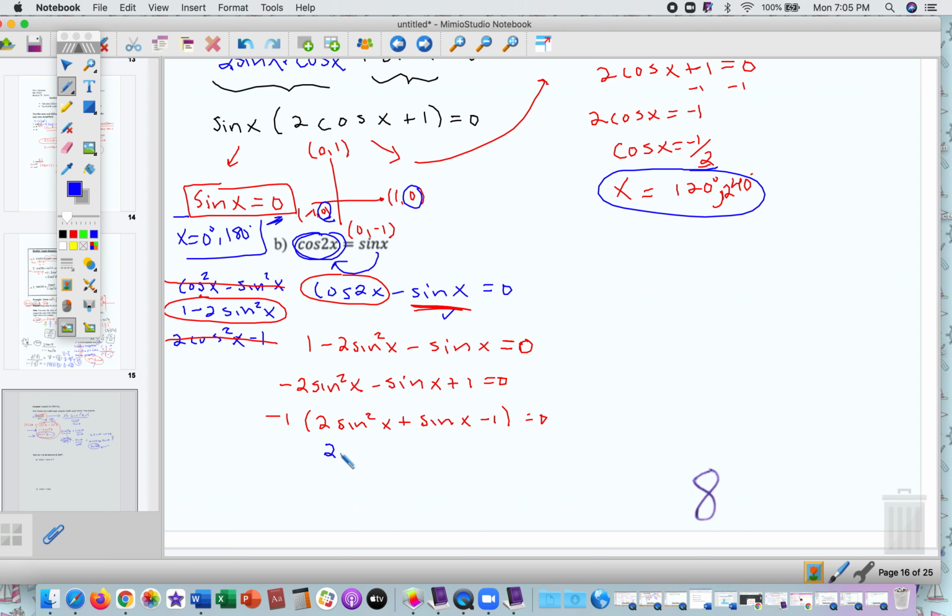Now let's try to factor. 2x squared plus x minus 1. What two numbers multiply to negative 2 that add to 1? Let's see, it's some combo of 1 and 2. So if they add to positive 1, the 1 needs to be negative. Negative 1 times 2 is negative 2, and negative 1 plus 2 is 1. So we can group. We'll have 2x squared.